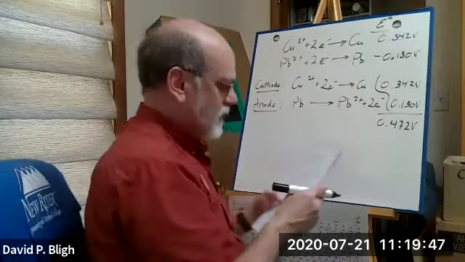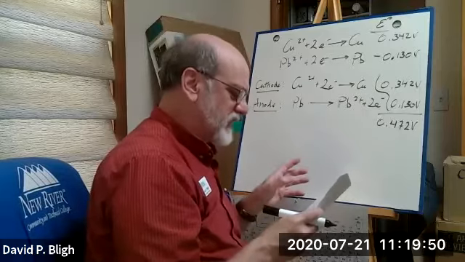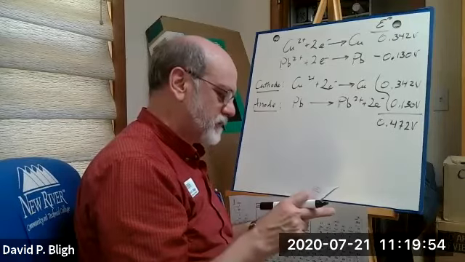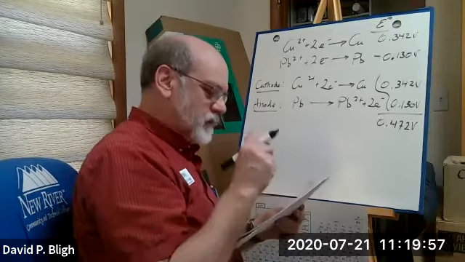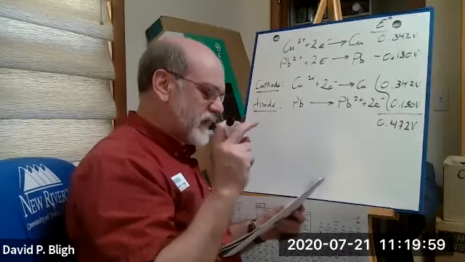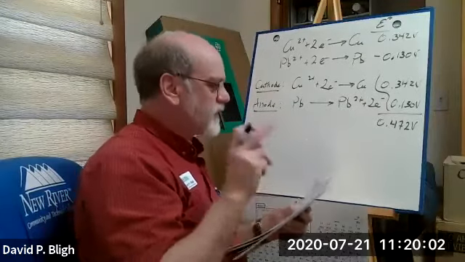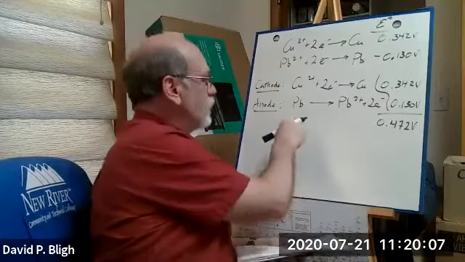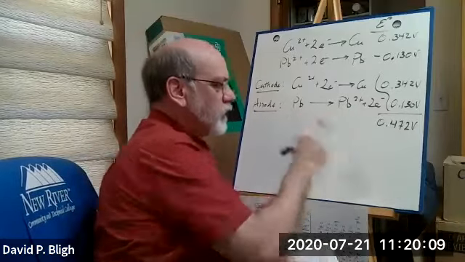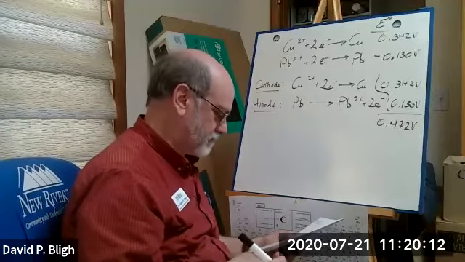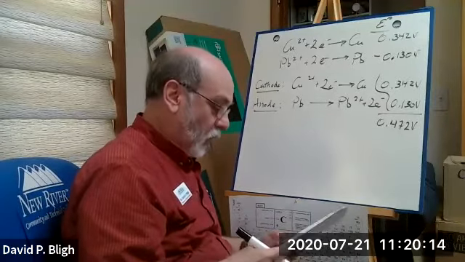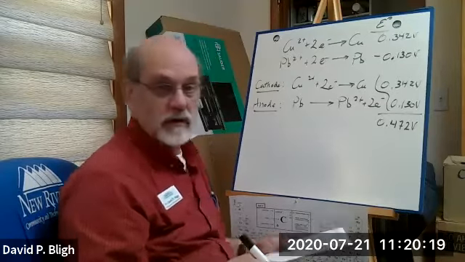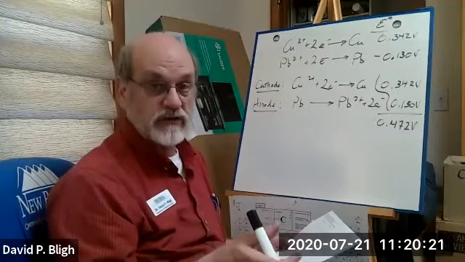All right. So here's the question that you need to answer. What's the maximum amount of work that would be accomplished with this reaction in terms of 1 mole of lead? So if 1 mole of lead goes from here to here, what's the maximum amount of work? Well, what function do we have that equates work with electrical potential?